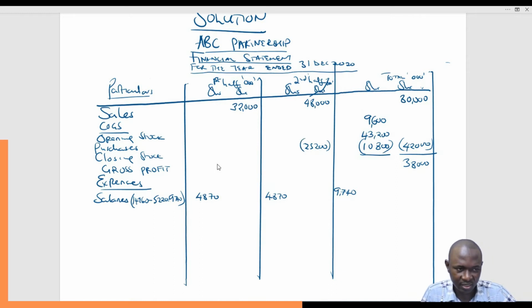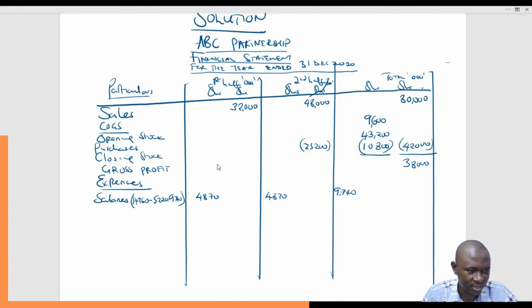Remember, 60% of the sales were done in the second half. So we'll just take 60% of the cost of sales to be the cost incurred in the second half, and then 40% to be the cost incurred in the first half. So this first half will be 0.4 times 42,000, which is the cost of sales. This is what we are talking about.